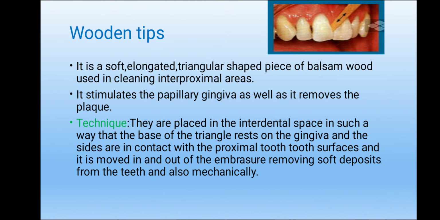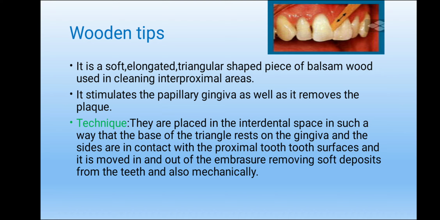Wooden tips. It is a soft, elongated, triangular shaped balsa wood which is used in cleaning interproximal areas. It stimulates the papillary gingiva, that means the gingival papilla, as well as it removes the plaque.